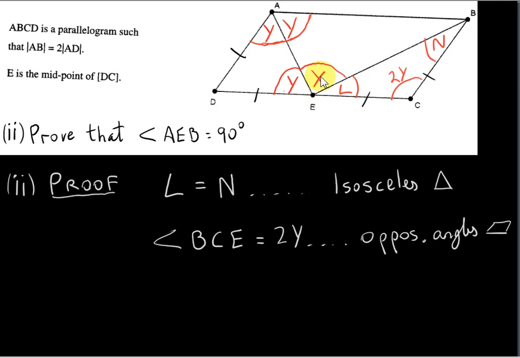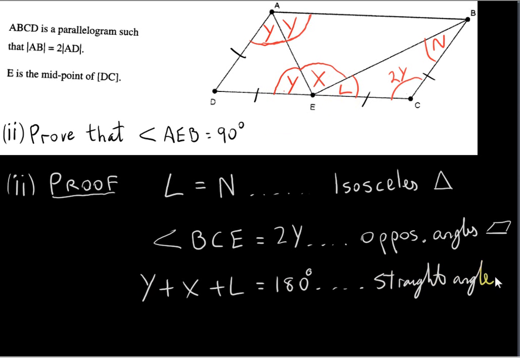Now we want to show that x is 90 degrees. Now these three angles here add up to 180 degrees because they form a straight line. Or the angle that they form is called a straight angle. But we also have three angles in this triangle summing to 180 degrees.